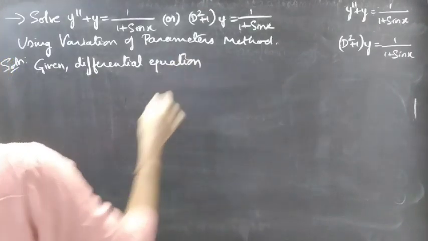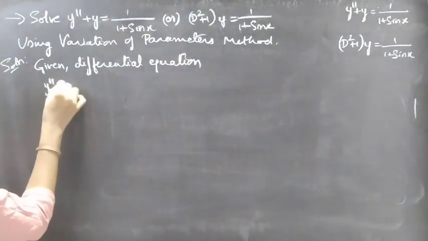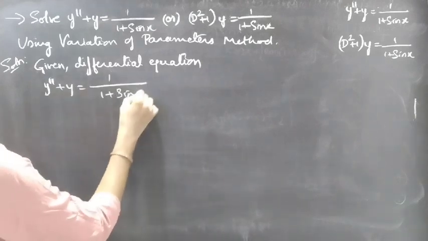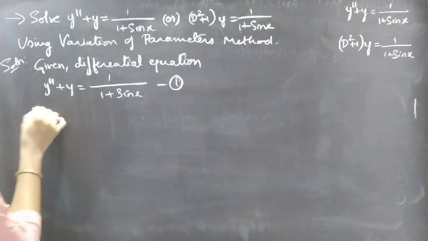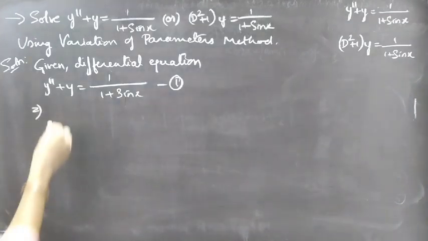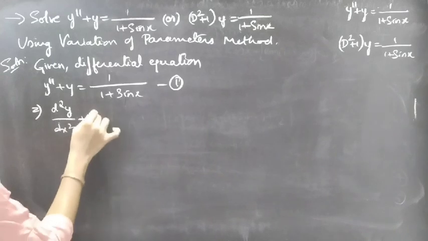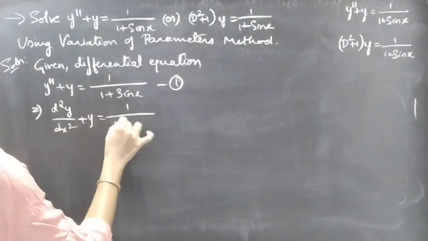Given differential equation y double dash plus y equal to 1 by 1 plus sin x, consider it as equation number 1. We can write y double dash as d square y by dx square, plus y equal to 1 by 1 plus sin x.